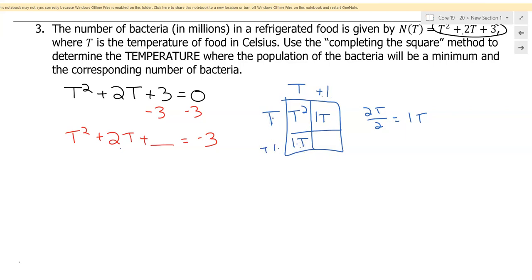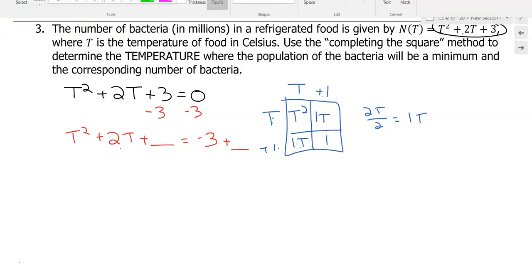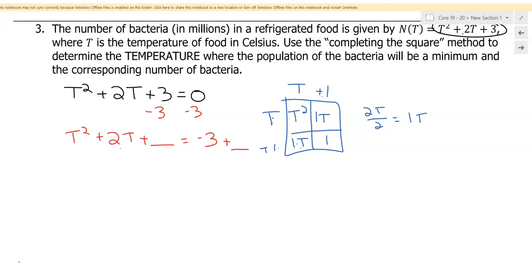And 1 times 1 is 1. Ooh, I forgot my blank. Right, sorry. So here is my number that completes the square. So t squared plus 2t plus 1 and negative 3 plus 1.